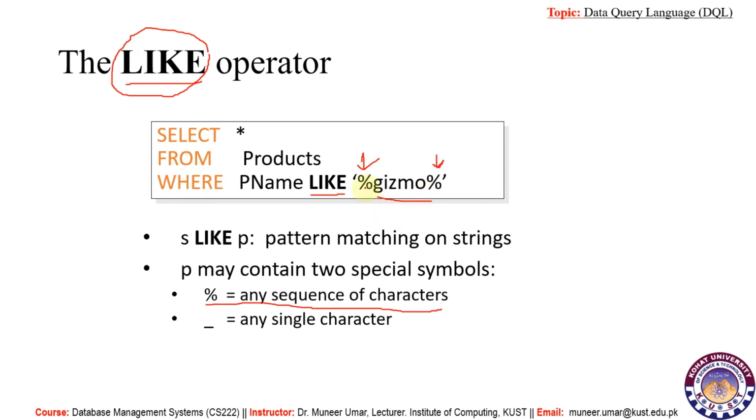And if we bound this check for number of characters, then we must use underscore. Underscore is used to represent a single character, exactly a single character.